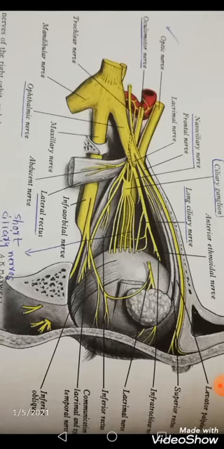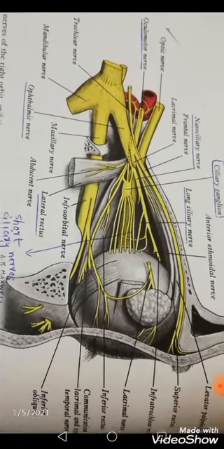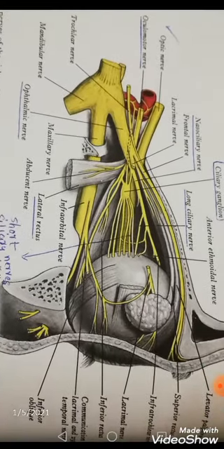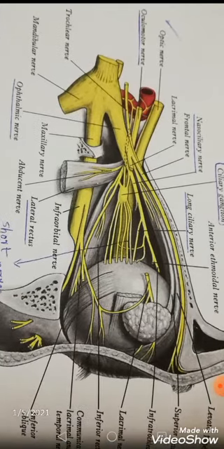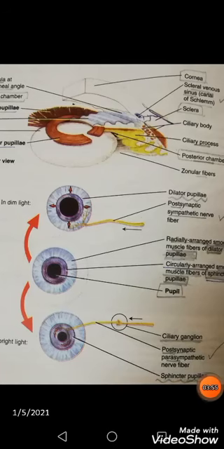And now you can see the long ciliary nerves, which are branches of the nasociliary nerve, and they pass to your eyeball bypassing the ciliary ganglion. Means they are not coming out of the ciliary ganglion, rather they bypass it and convey postsynaptic sympathetic fibers to dilator pupillae and afferent fibers from the iris and the cornea.